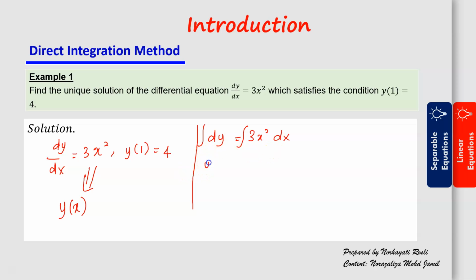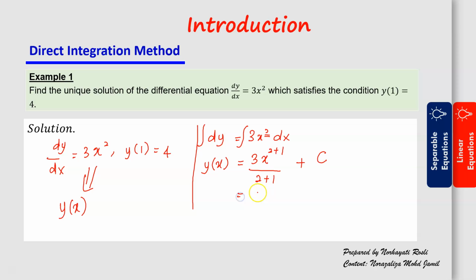Integrating both sides, I will have y(x) equal to the integration of 3x squared dx. The integration of 3x squared gives 3x to the power of 2 plus 1, divided by 2 plus 1, plus constant c.